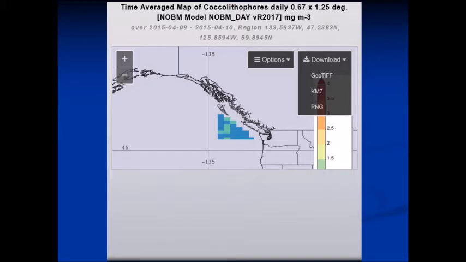It's a very, very small phytoplankton that occurred here, and it was an anomaly that we don't usually see. But you can see in this diagram there was quite a bit of coccolithophores right off of the Queen Charlottes, and it actually extended up into our inland waters.